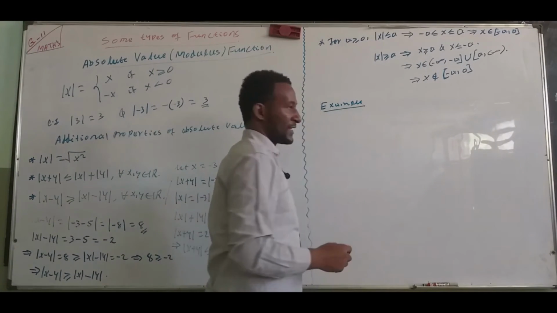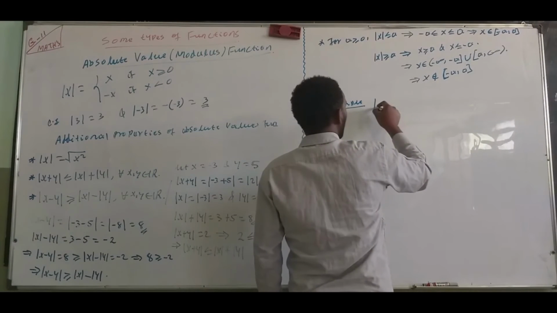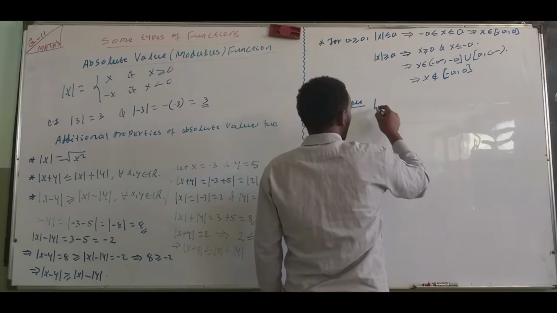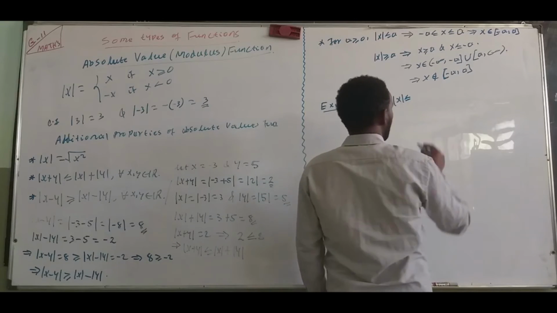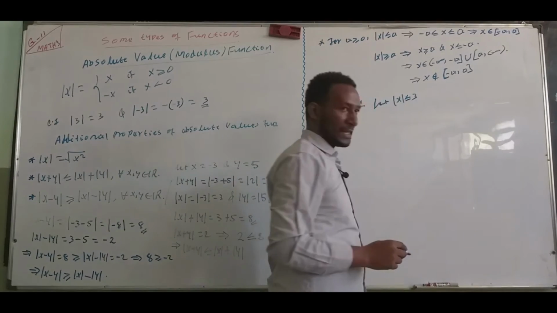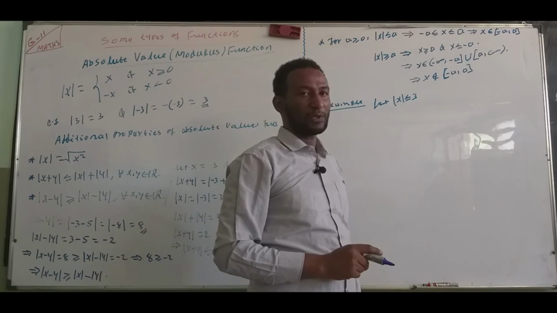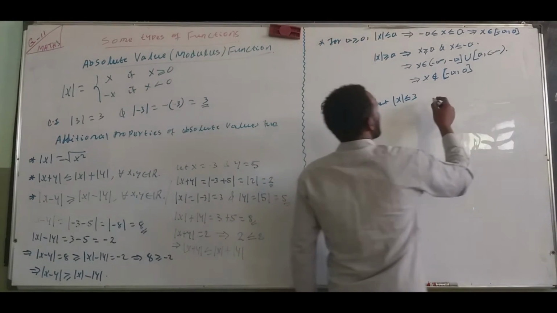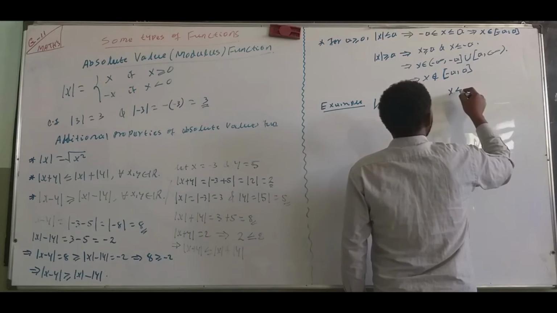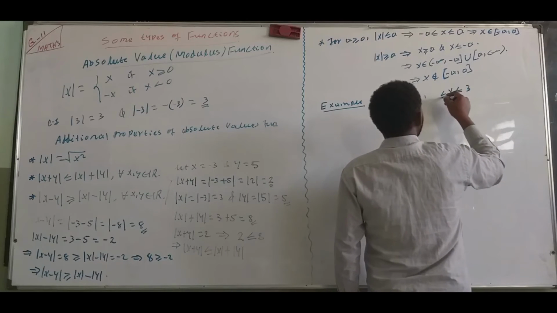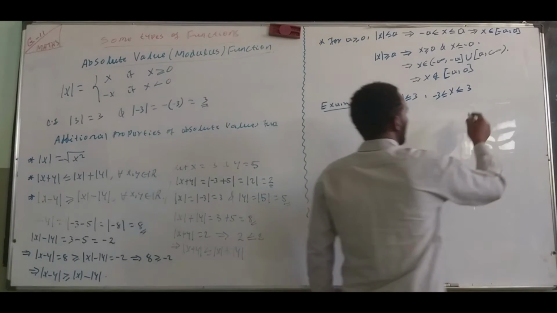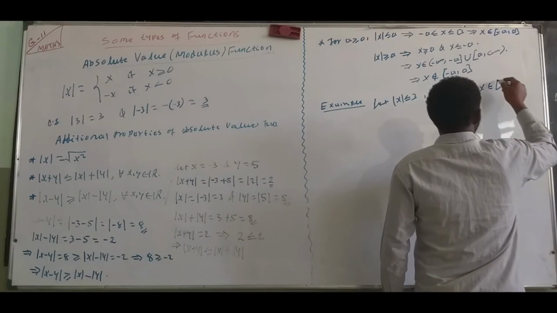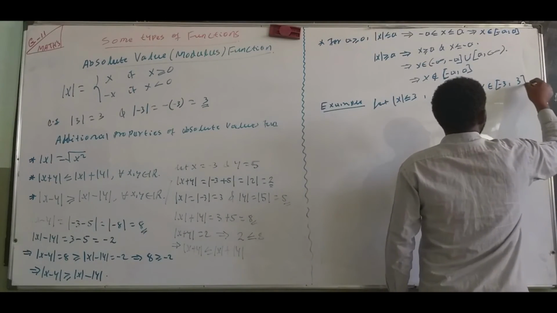Let us see an example. The absolute value of x less than or equal to 3 means x is between negative 3 and 3. When we substitute, that means x is an element of the interval negative 3 comma 3.